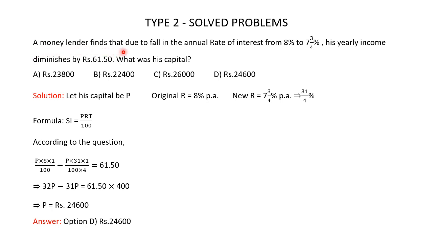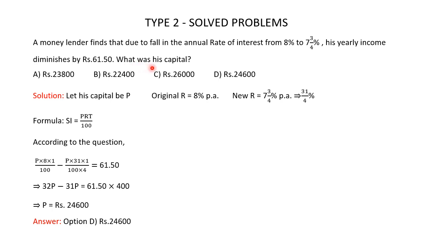A moneylender finds that due to fall in the annual rate of interest from 8% to 7 3/4%, his yearly income diminishes by rupees 61.50. What was his capital? Here you are given 4 options and you have to find out which of these options is the correct one.